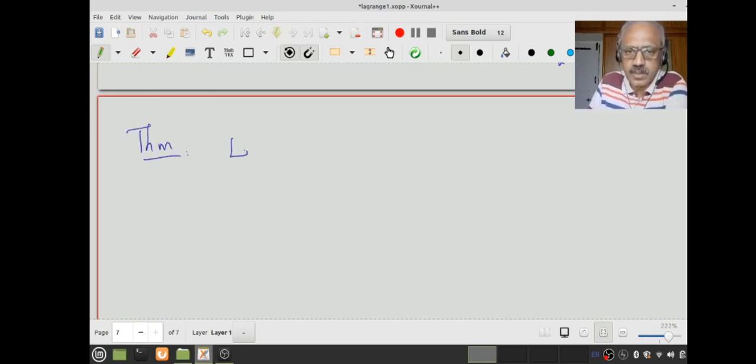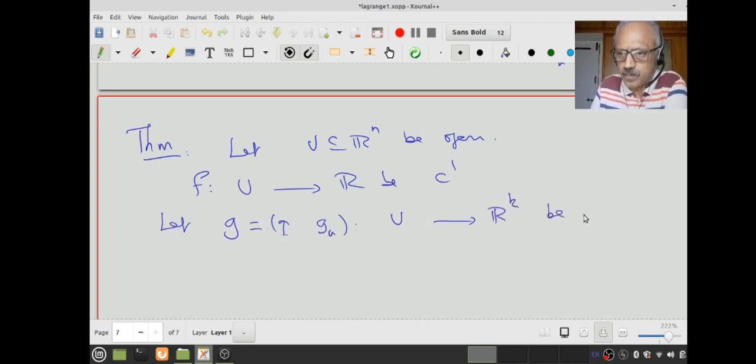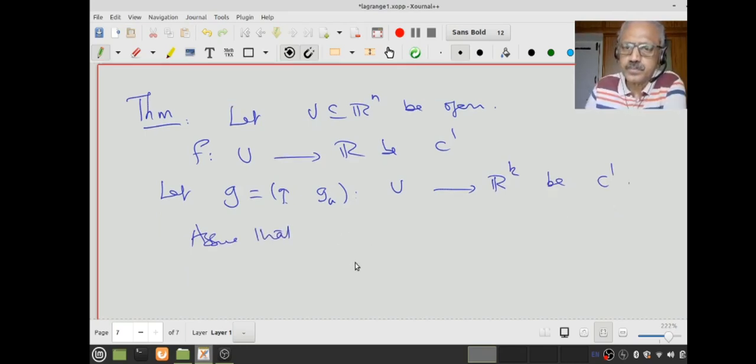So let U be open in R^n. Let f from U to R be C1, and let g = (g1, ..., gk) from U to R^k be C1. Assume that, for a in U, the derivative of g at a, Dg(a), has rank k.